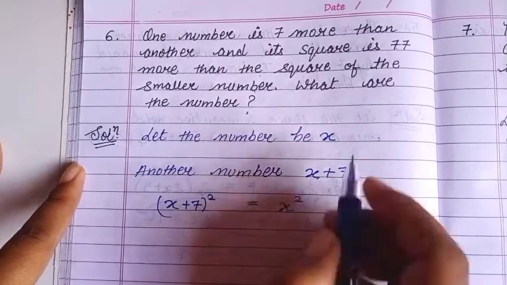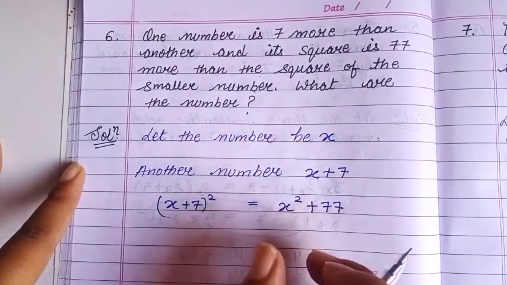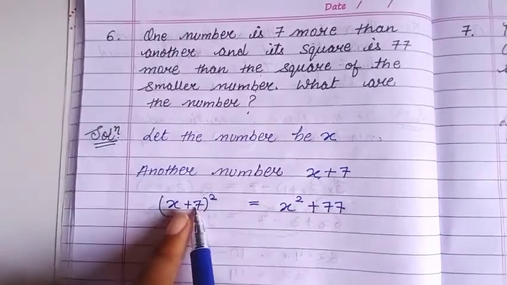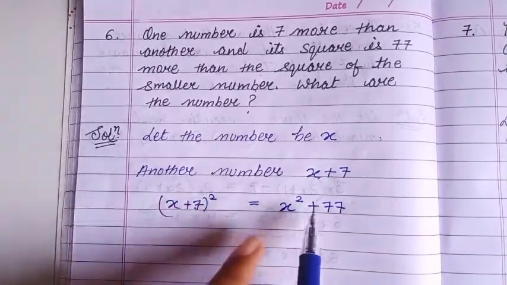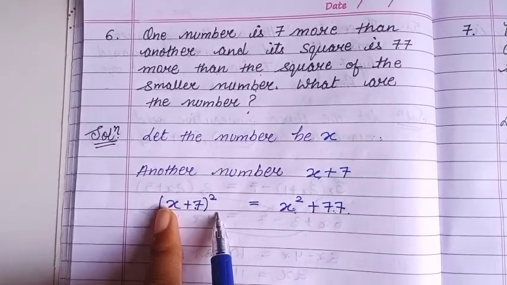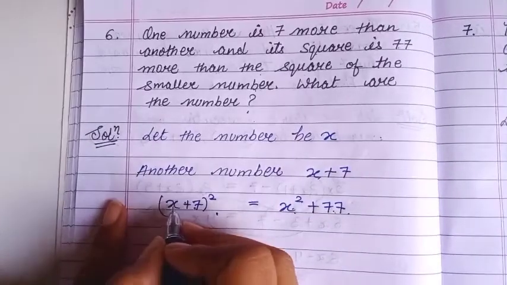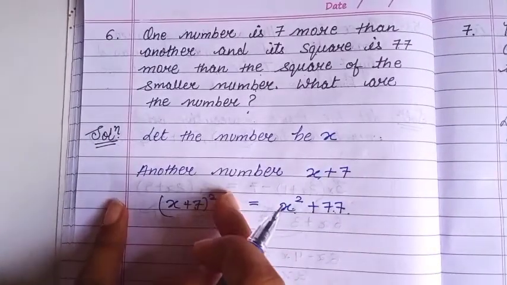So it means if we add 77 to the smaller square, both will be equal. Clear? Because this number's square is 77 more than the other. So we can write the statement like this. Now solve it. This is in the form of a plus b whole square.